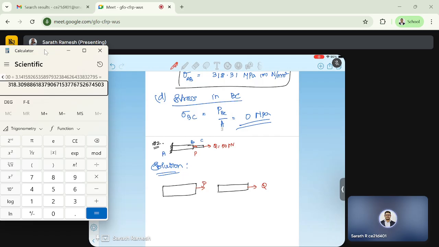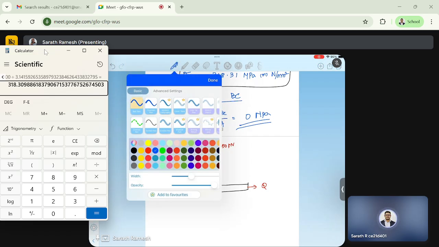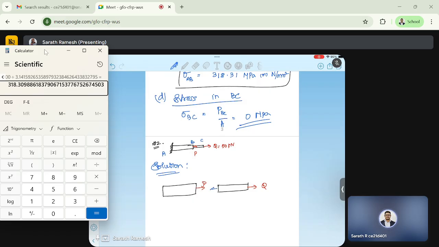Since Q is acting, there should be some Q here to maintain the equilibrium, right? And if Q is here, there should be Q here as well.